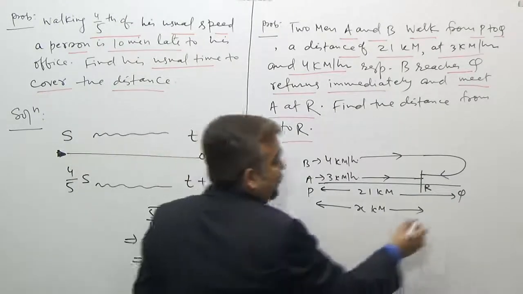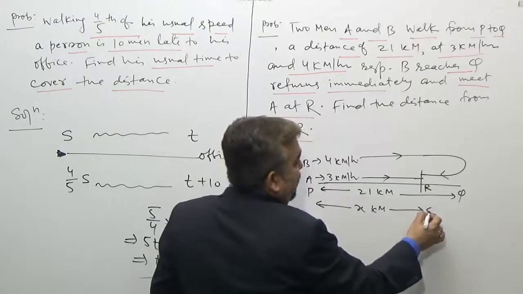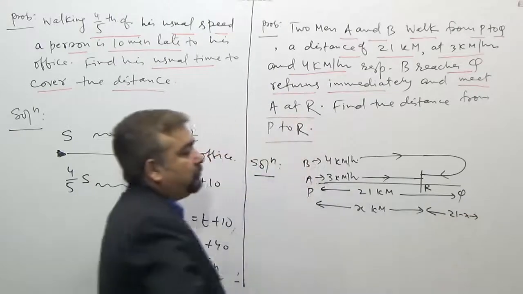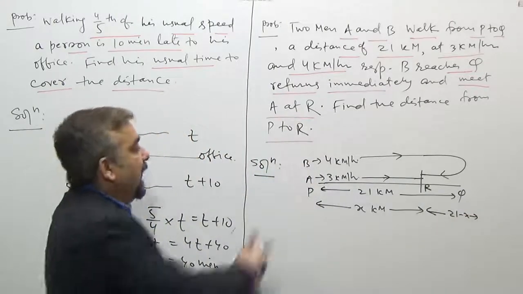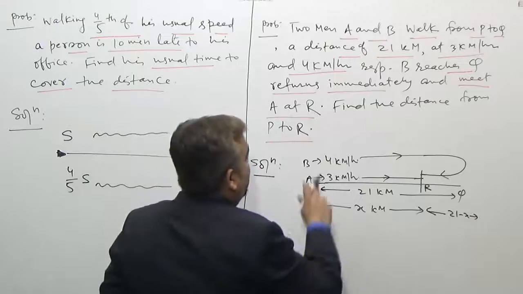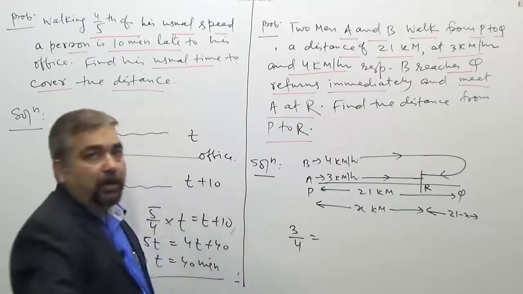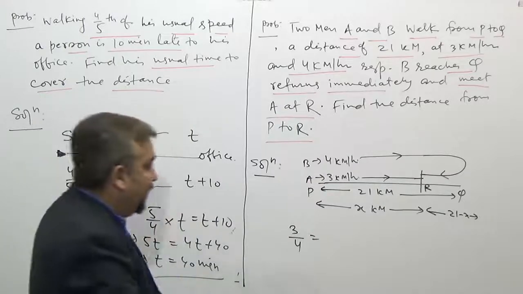You can see this is x, then QR is 21 minus x kilometer. Now time is constant, so the ratio of speeds is equal to the ratio of distances traveled.